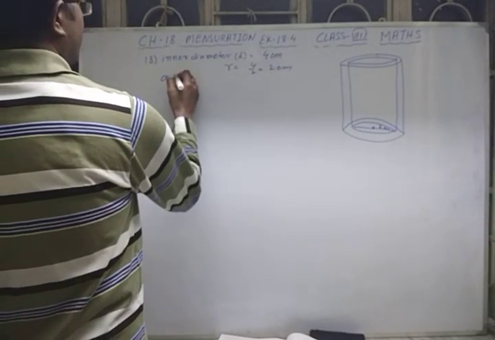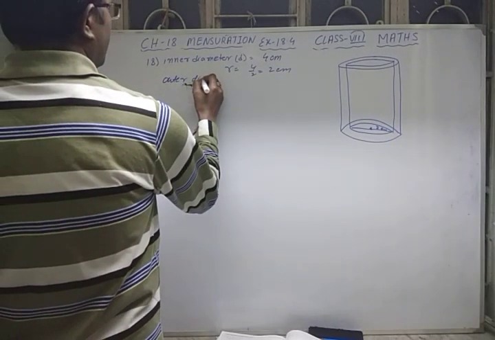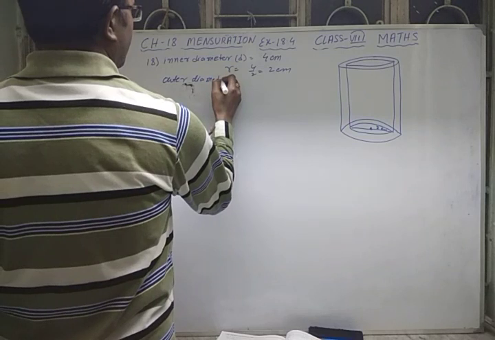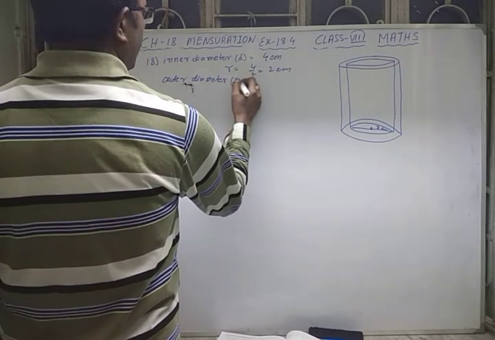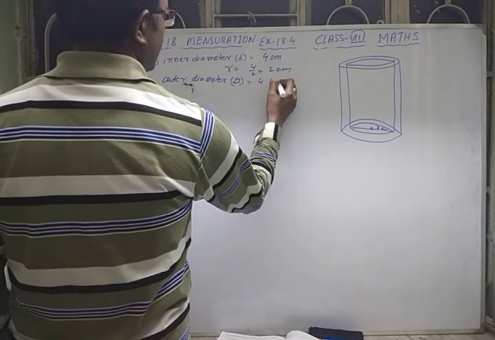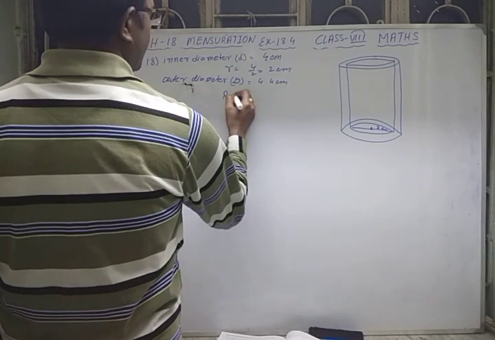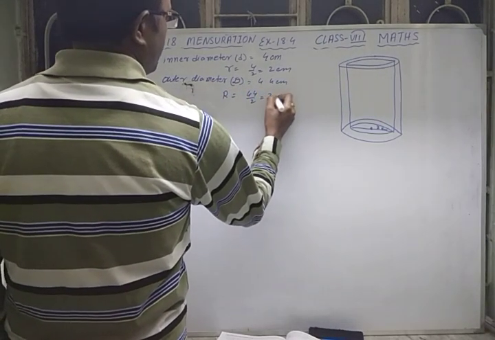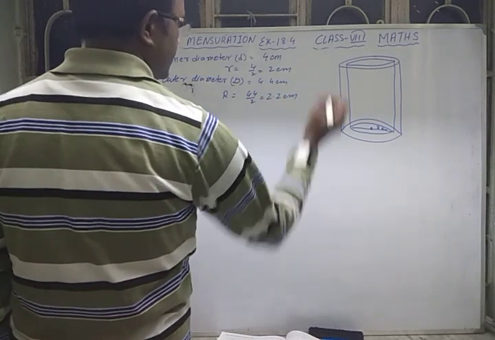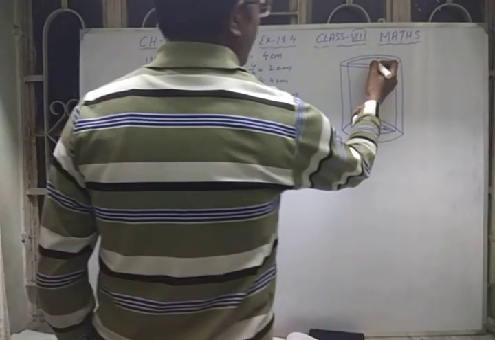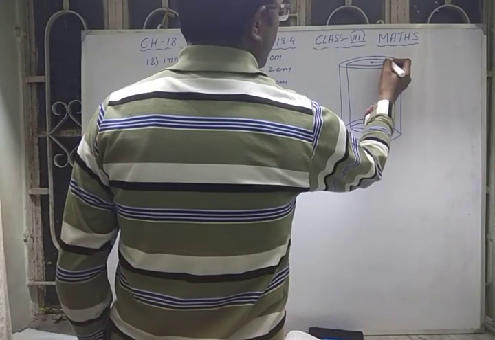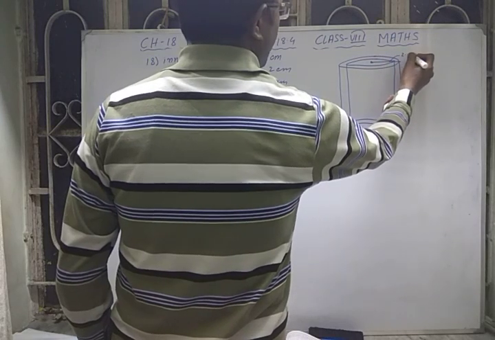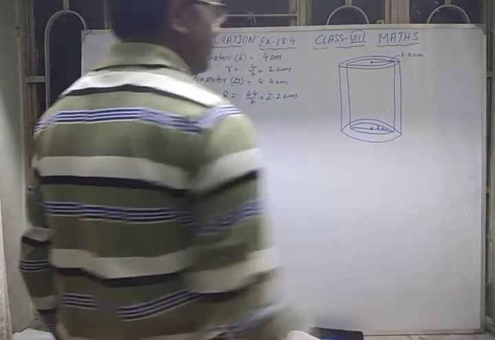So here outer diameter, capital D you take as 4.4 centimeter. That means capital R, outer radius, is 4.4 by 2, that is equal to 2.2 centimeter. So here the outer radius is 2.2 centimeter.